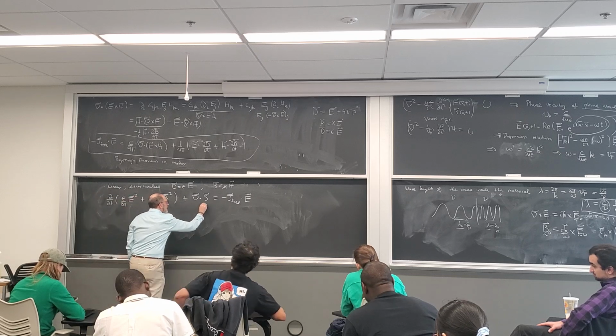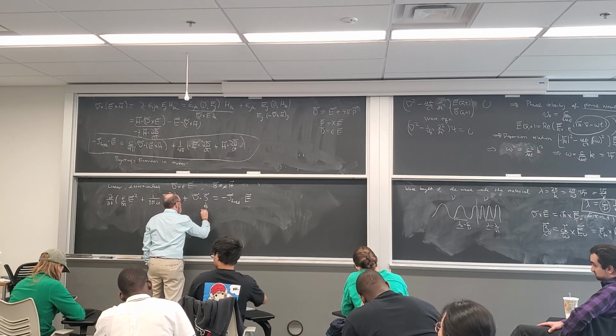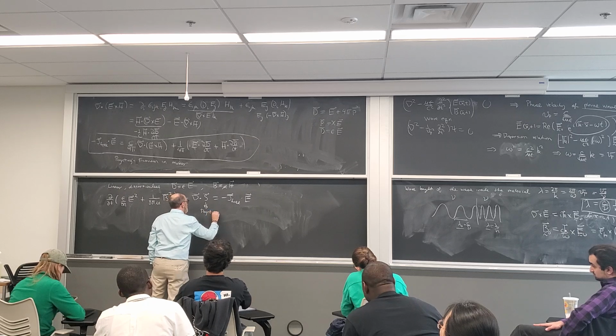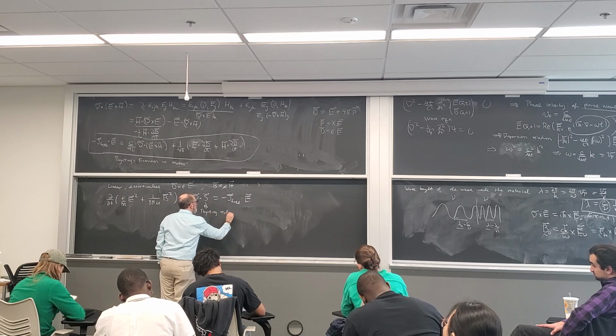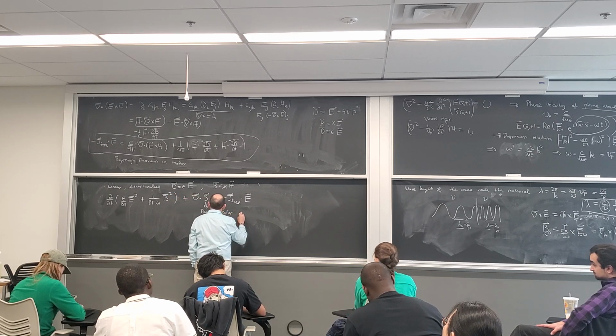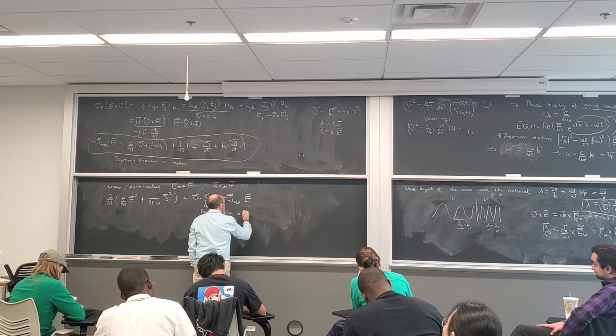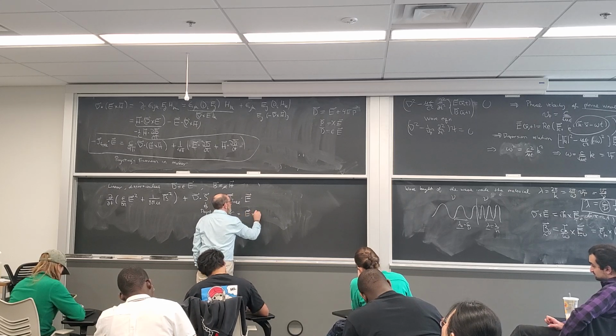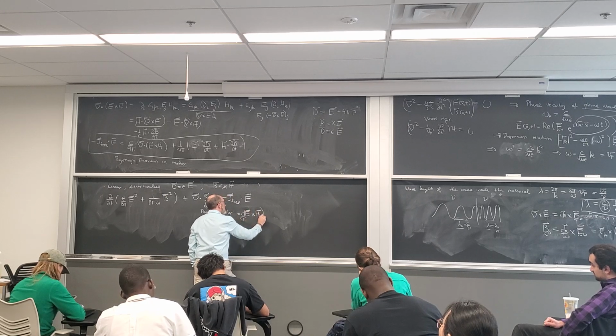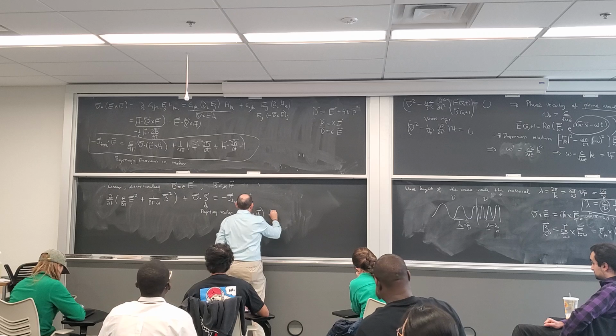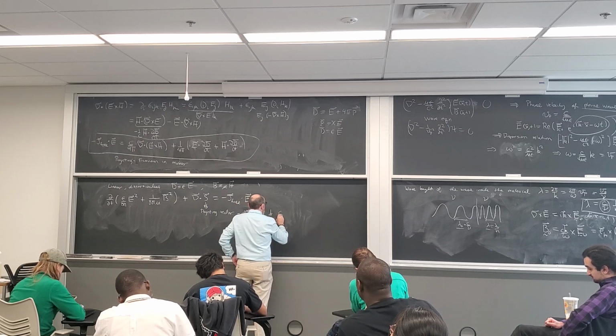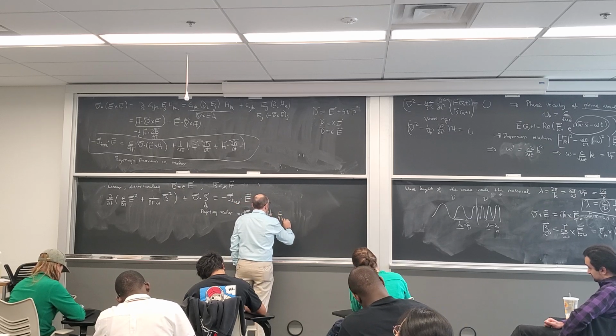where S is the Poynting vector, equal to E cross H times C over 4 pi, which for a linear medium is equal to C over 4 pi mu.